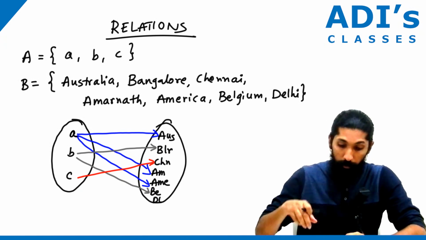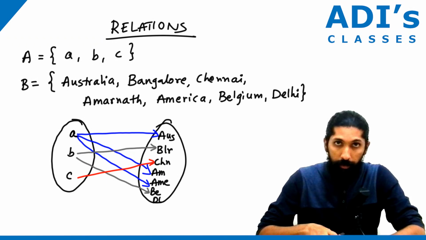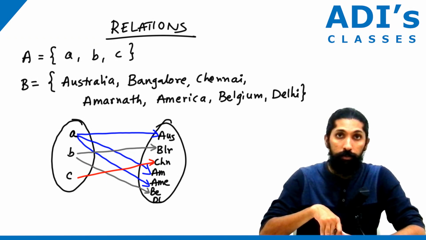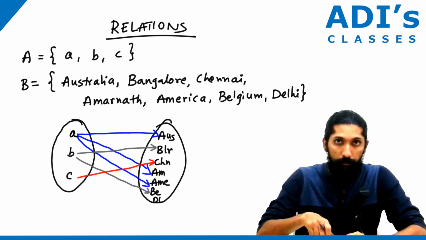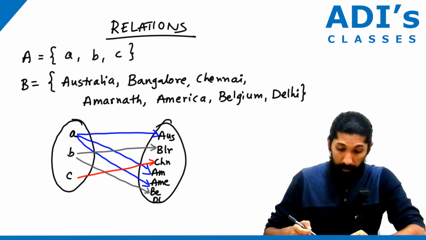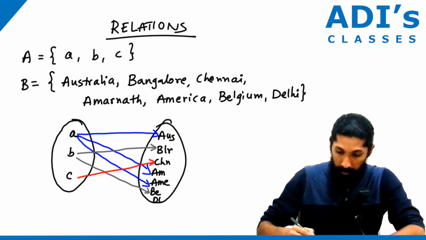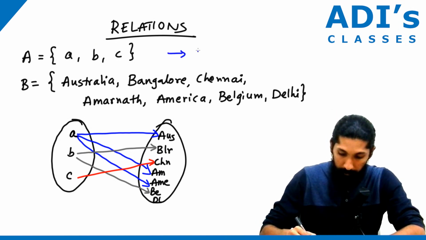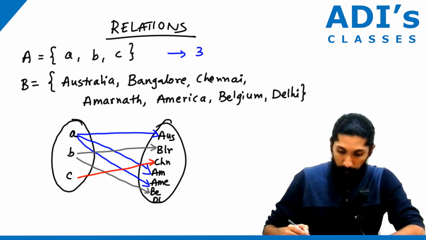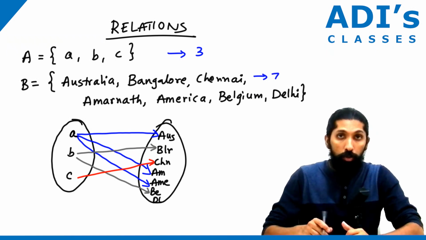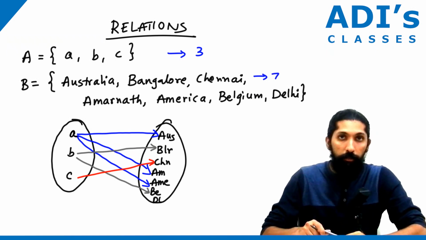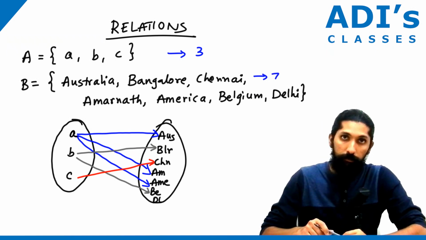If you remember, in the last couple of videos we discussed certain properties of Cartesian product. Technically, how many should be there? In this case, n of A is 3 and n of B is 1, 2, 3, 4, 5, 6, 7, so n of B is 7. Totally, there are 21 Cartesian products here, isn't it?